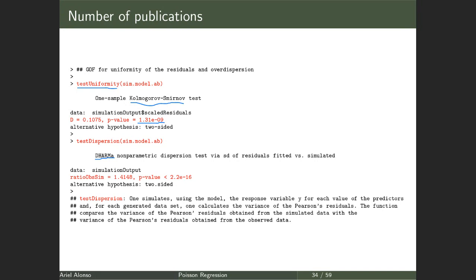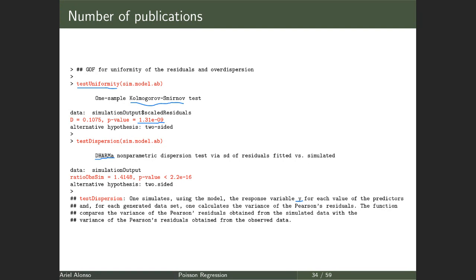And what it does is the following. As I said, you simulate data using the model. For each value of the covariates, you simulate several responses y for each value of the predictors. Now, for each generated data set, you calculate the variance of the Pearson residuals.